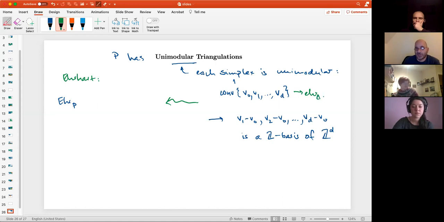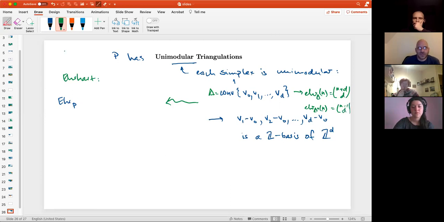As we discussed yesterday already, in variable n it is n plus d choose d. And we also discussed that if I take the interior, I have n minus 1 choose d.